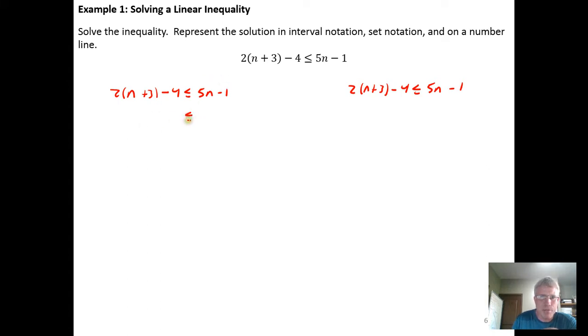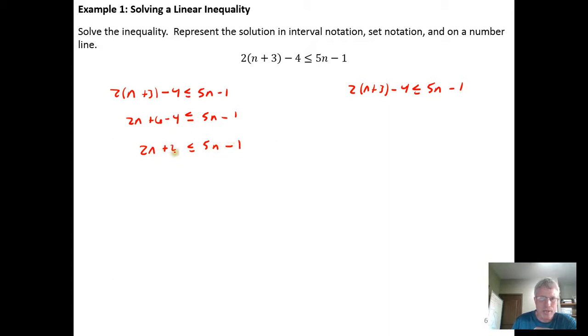So my first step is going to be to distribute the 2 into the parentheses. So I'll get 2n plus 6 minus 4 less than or equal to 5n minus 1. I'll combine my like terms, so 6 minus 4 gives me plus 2, less than or equal to 5n minus 1.